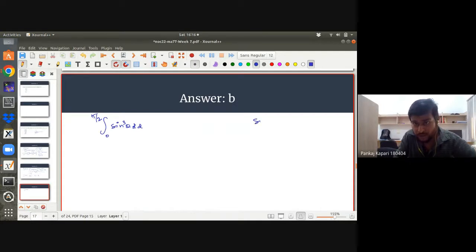Now we'll use the formula for sine 3 theta. What is sine 3 theta? It is 3 sine theta minus 4 sine cube theta. Now from here we extract sine cube theta, which is 3 sine theta minus sine 3 theta divided by 4.